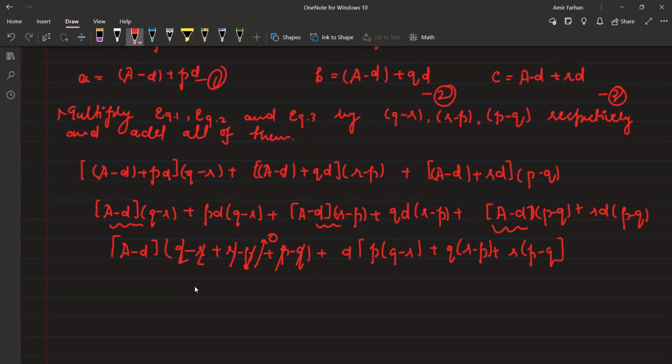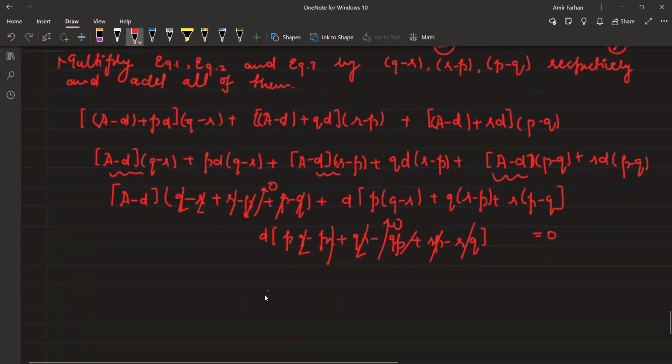So d is left with pq minus pr plus qr minus qp plus rp minus rq. qr, rq same, both the things are same. rp, pr same, pq, qp same. So these things also become 0. And the total equation is completely 0. That's what we need to prove. So hence proved. Is this clear, Zainab dear?